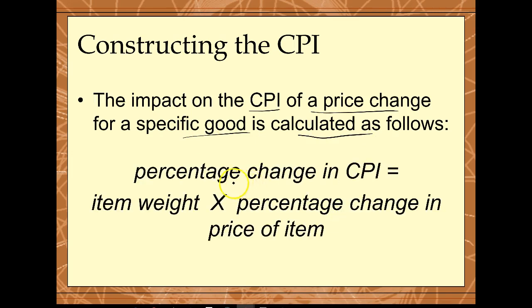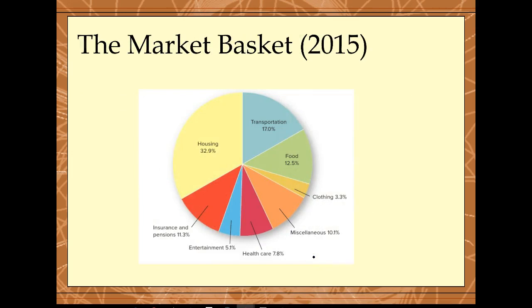We take the percentage change in price, which is the inflation rate, and multiply it by the item weight. Let me give you an example. Here we see that the item weight for housing, let's say the rent that you pay, is given a weight of 32.9%, because it's estimated that roughly 33% of all income spent by a typical household is spent on housing, like rent.